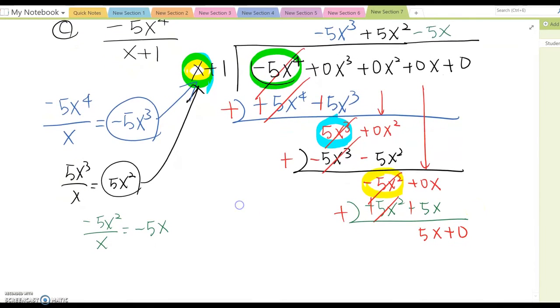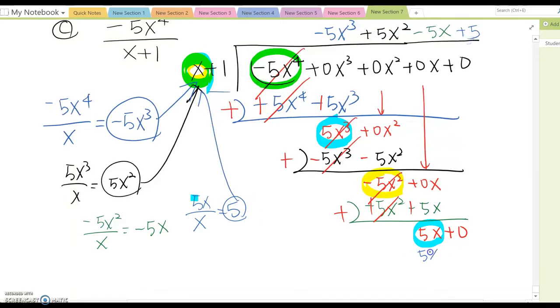So like we did before, we keep on comparing the leading terms. So this and this again, 5x over x, so it becomes 5. So then plus 5 and multiply this and this.